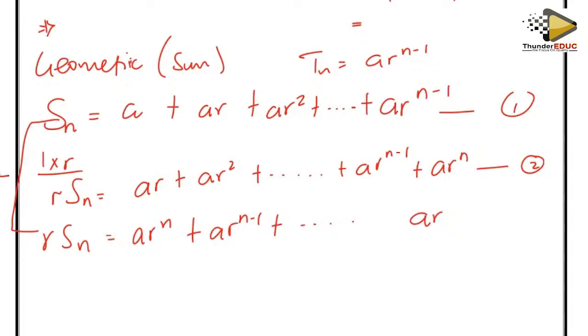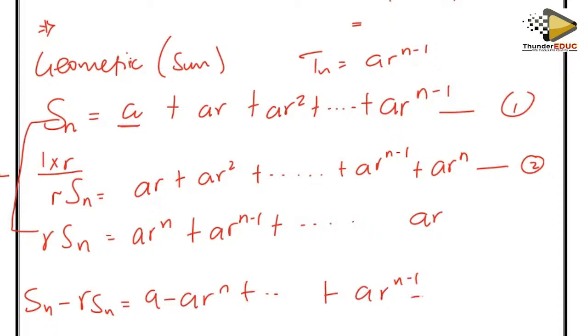So then if I have Sn minus RSn, that will be Sn minus RSn is given by A minus AR^n plus, now this is going to be AR minus that whole thing and so on and so forth. And then I'll end up with AR^(n-1) minus AR. Okay.